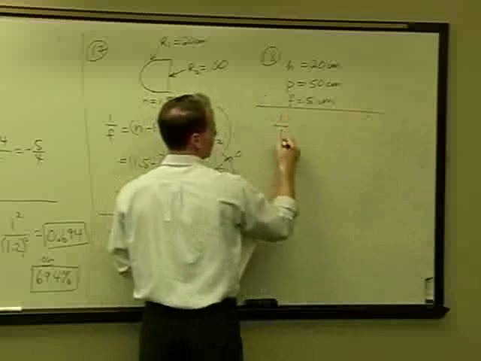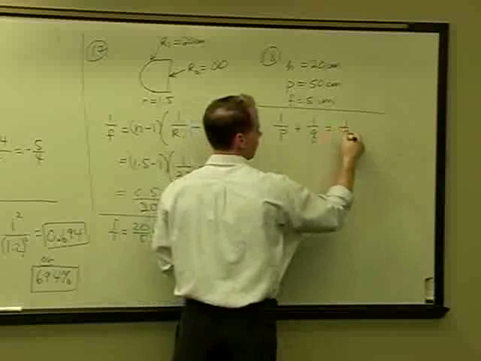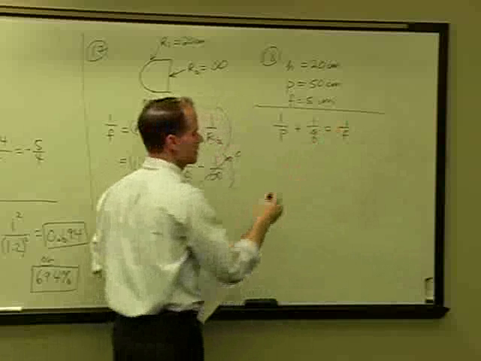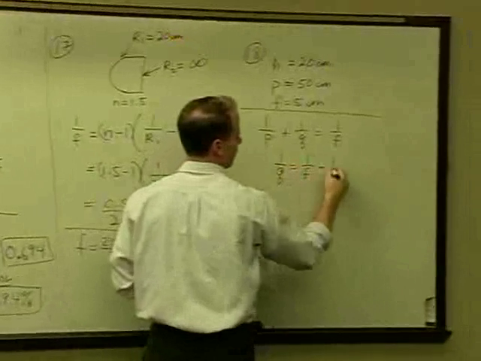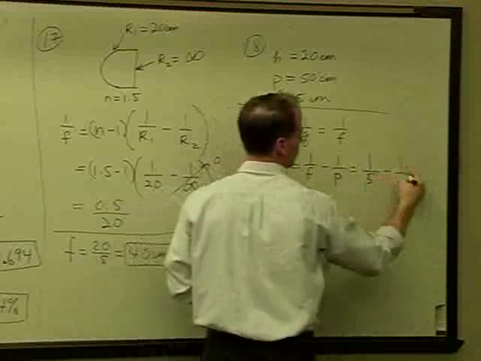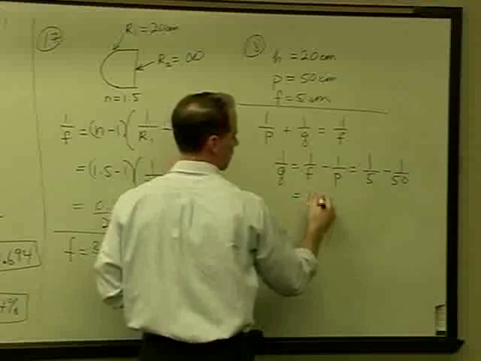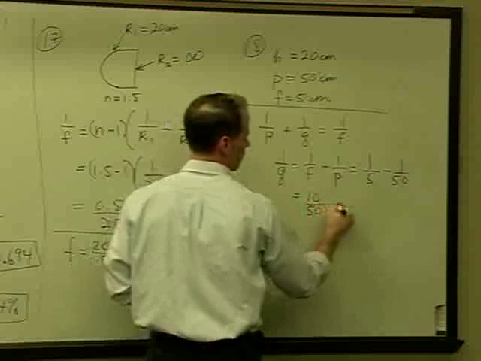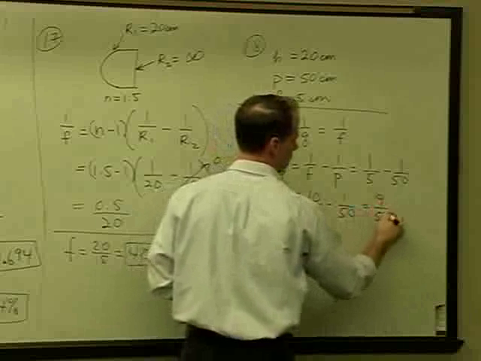So we have 1 over the object distance plus 1 over the image distance equals 1 over the focal length. Solve this for the image distance. 1 over Q equals 1 over F minus 1 over P, 1 over 5 minus 1 over 50. So this would be 10 50ths minus 1 50th, or 9 50ths.